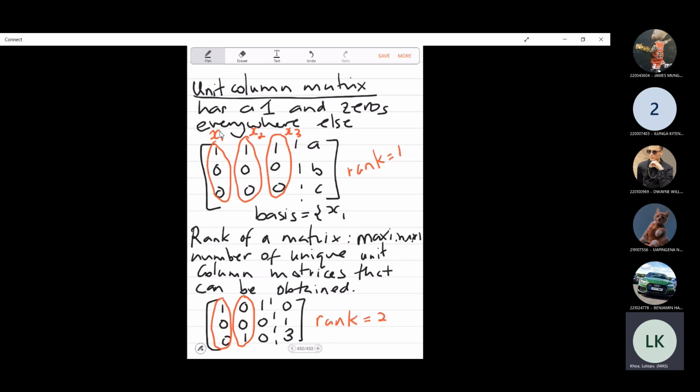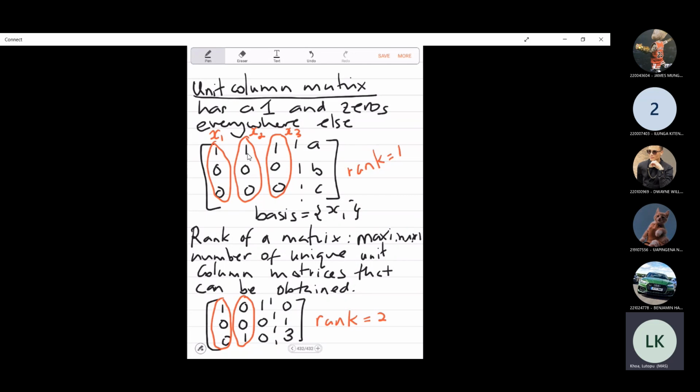So the number of variables I put in the basis must be equal to the rank. Okay, so I have my basis and I've decided to use the first variable. Somebody else could say the basis is equal to a set containing x2. They are equally correct.